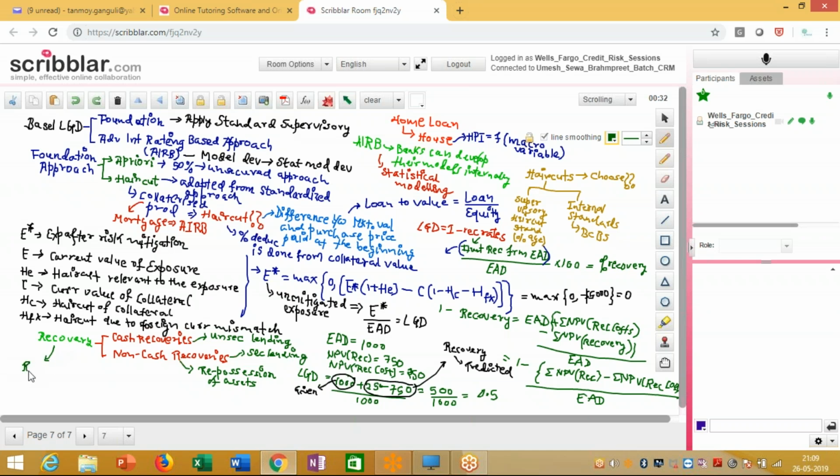So now how do I define this recovery, or how would I estimate this recovery?